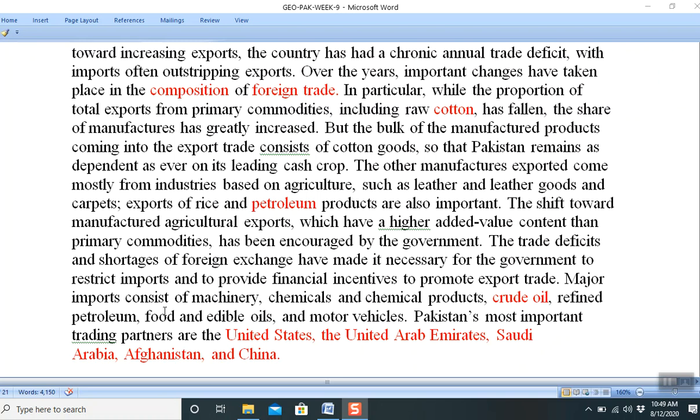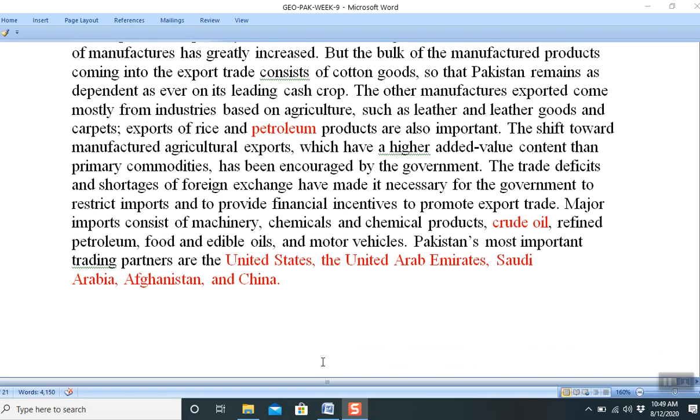Major imports consist of machinery, chemicals, and products, crude oil, refined petroleum, food and edible oils, and motor vehicles. Pakistan's most important trading partners are the United States, United Arab Emirates, Saudi Arabia, Afghanistan, and China.